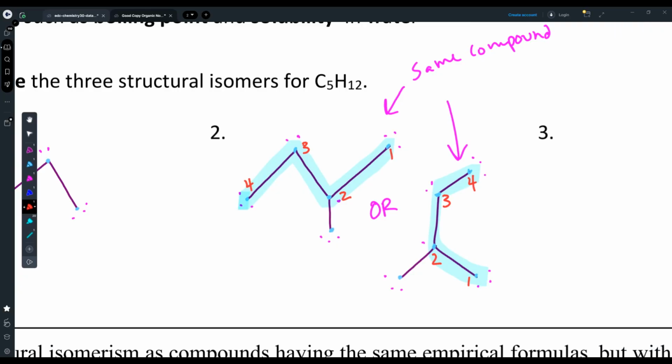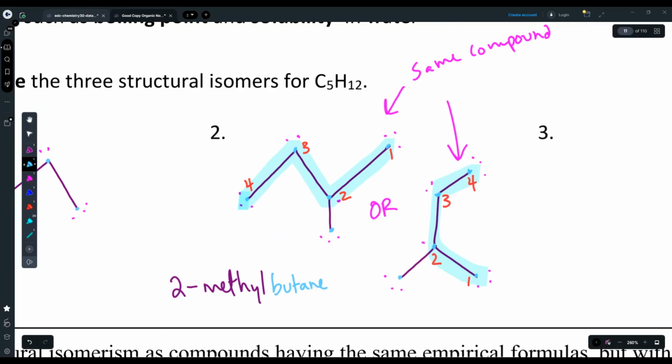So if I was to name this, it would be 2-methylbutane. Okay, so for both of these, that is the name. Okay, so 2 just means our branch is on carbon 2 for both of these versions of the same compound.